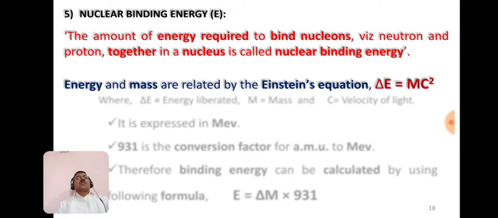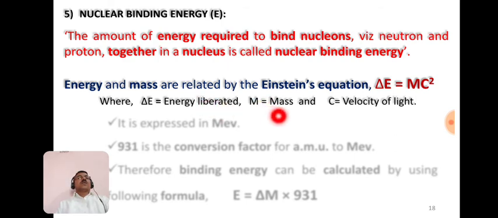Energy and mass are related by the equation delta E is equal to mc square. This is Einstein's equation, where delta E is the energy liberated, M indicates the mass, and c indicates the velocity of light.